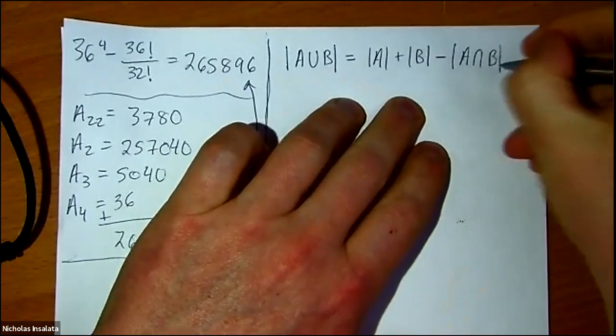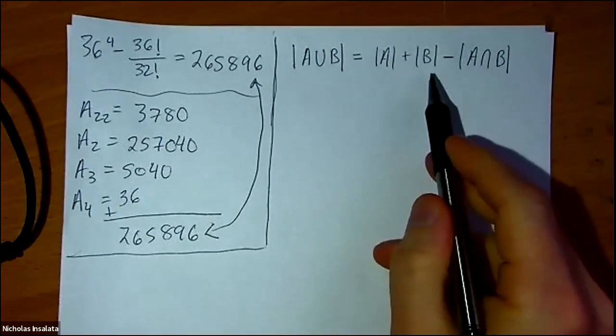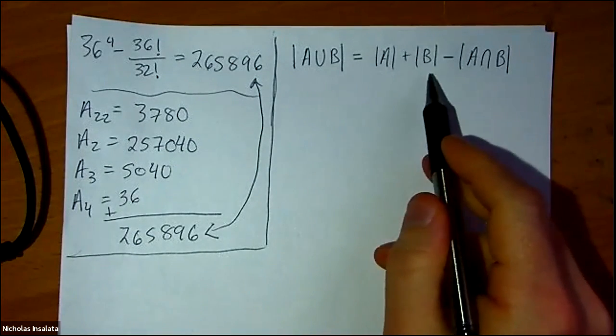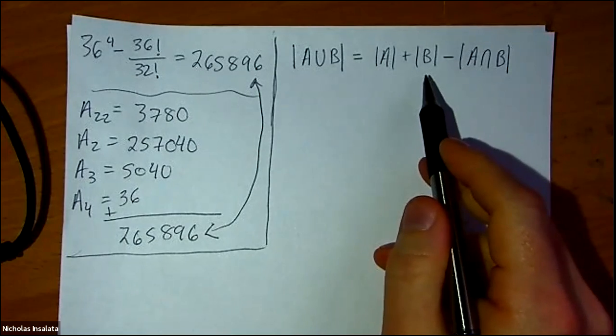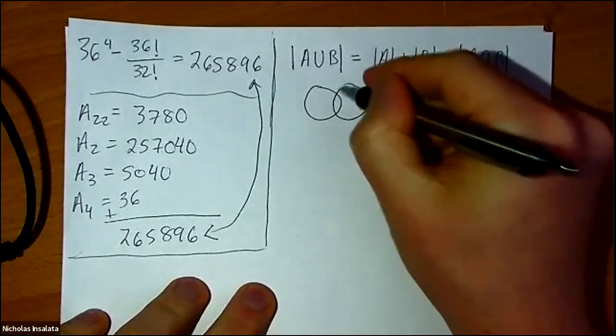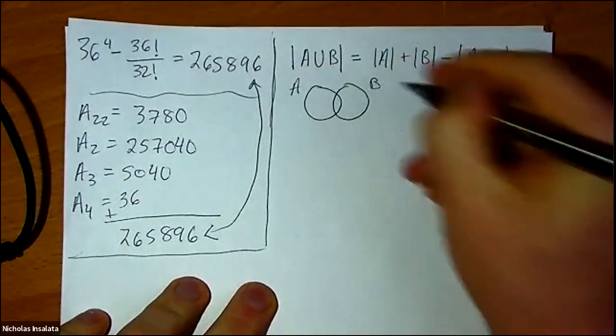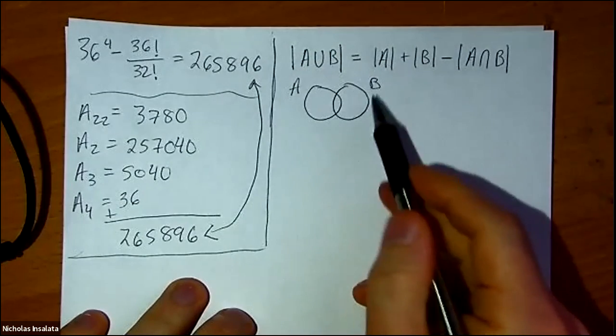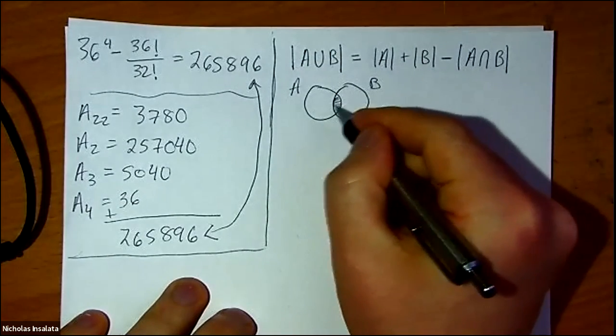Good. Right? Because if we add together A and B, then we've double counted the intersection, right? So if we're thinking about it this way, where here's A, here's B, well, if we're adding A plus B, we've added this area in twice.